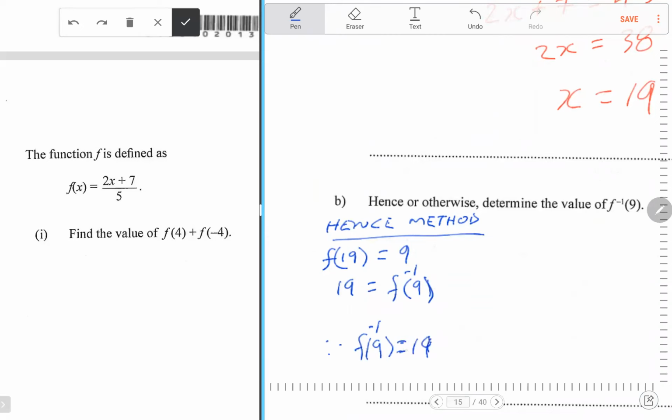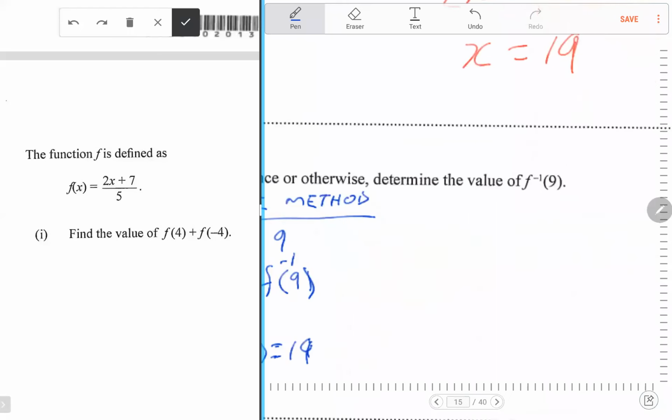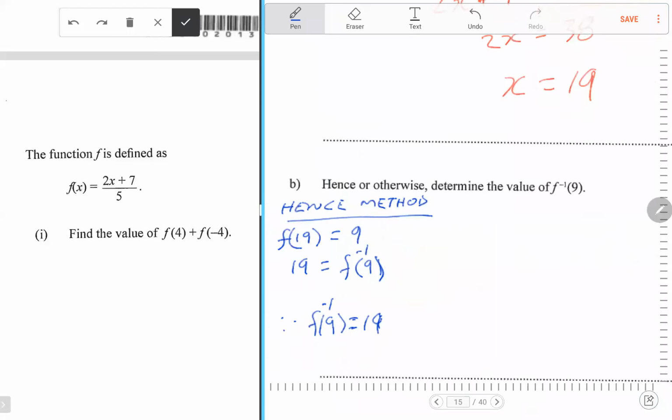The other way, if you never knew, we'd have to actually calculate f to the minus 1 and put in the 9, which is a longer method. That's the otherwise method. I prefer to do the hence method in the exam. The hence method is always easier.